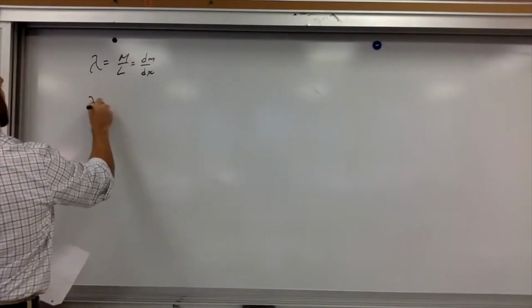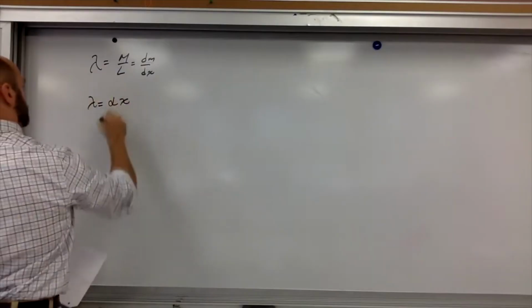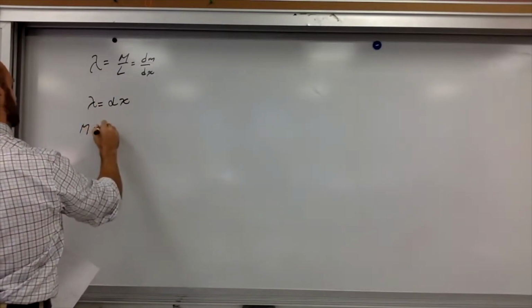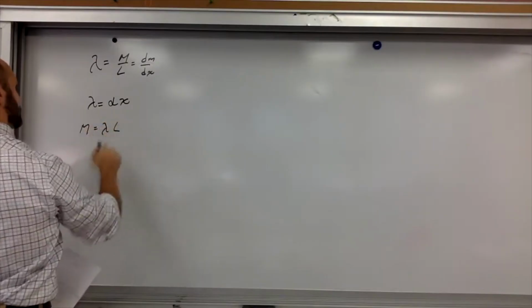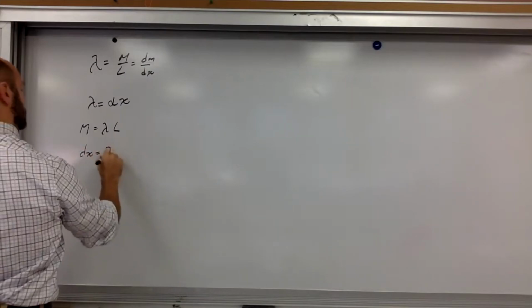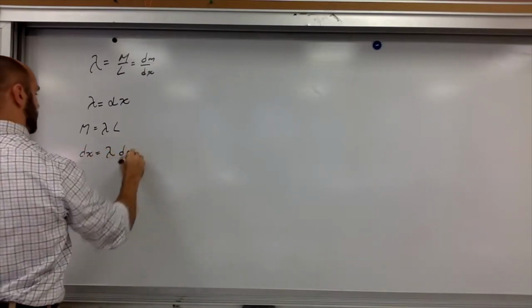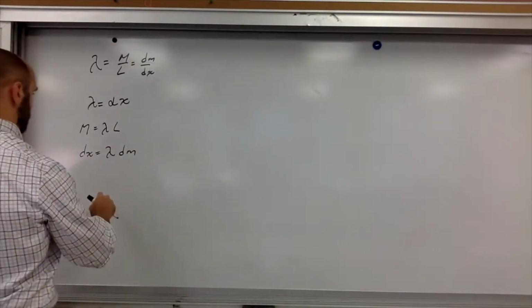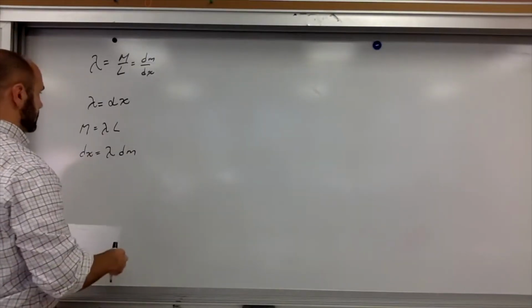We know that lambda is also equal to alpha x, and I know that m is still equal to lambda L, and I know that dm is equal to lambda dx.